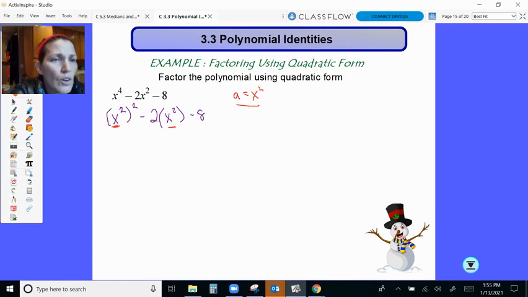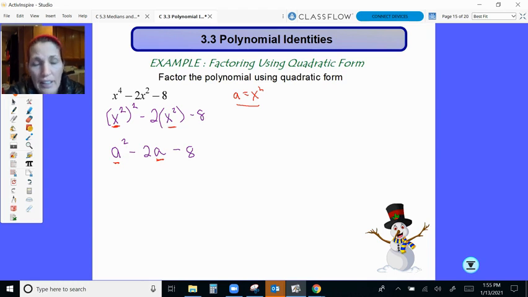So this is going to be a squared minus 2a, because I'm going to let x squared be a, minus 8. So I plugged in a anytime I saw x squared.